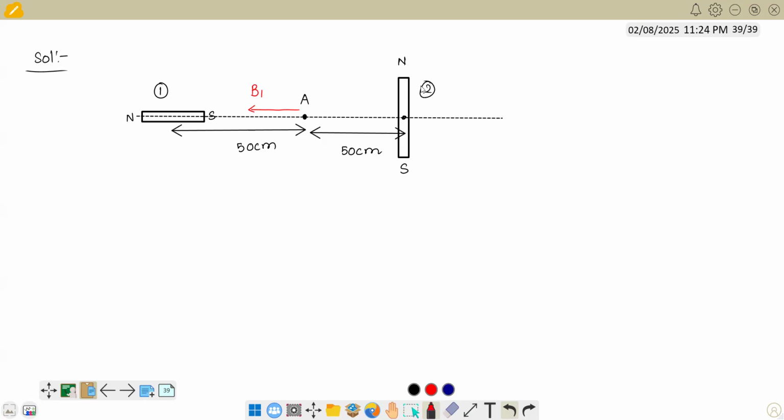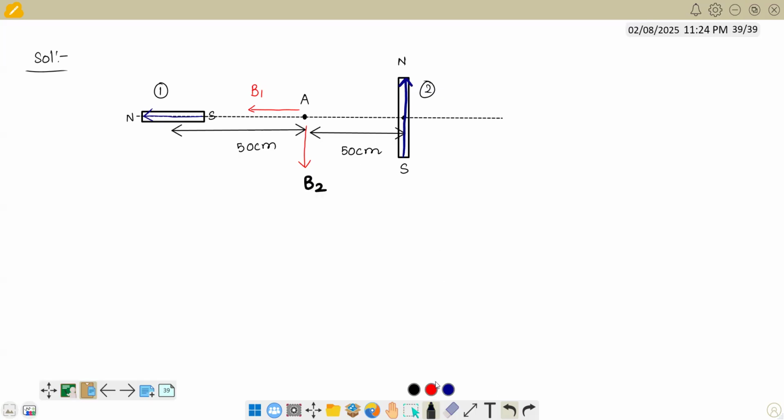And on the equatorial point, the direction is, if south to north is the direction of the magnetic moment, it will be from north to south. That means anti-parallel to the magnetic moment. See, this is the direction of magnetic moment. And this is also magnetic moment, same direction. Here, the direction of magnetic moment would be in this way. Here, it would be anti-parallel to that. So this would be B1, this would be B2.